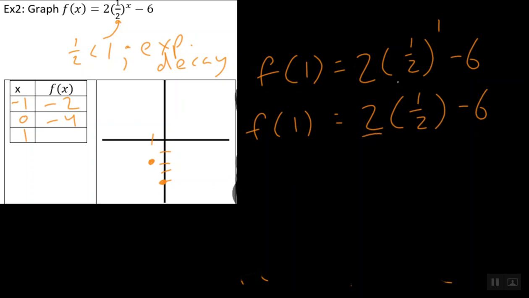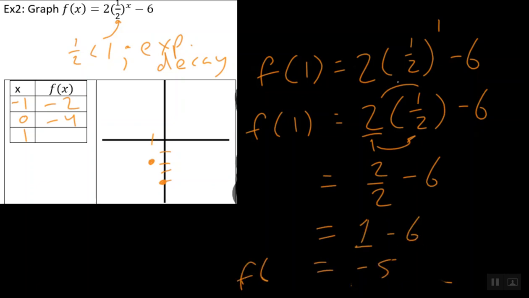Okay, I can change 2 into a fraction, 2 over 1. And I have top times top, 2 times 1 is 2, over bottom times bottom, 1 times 2 is 2, minus 6. 2 divided by 2 is 1 minus 6, which is -5. Okay, so f of 1 is equal to -5. So I go to the right 1 and down 1, 2, 3, 4, 5.